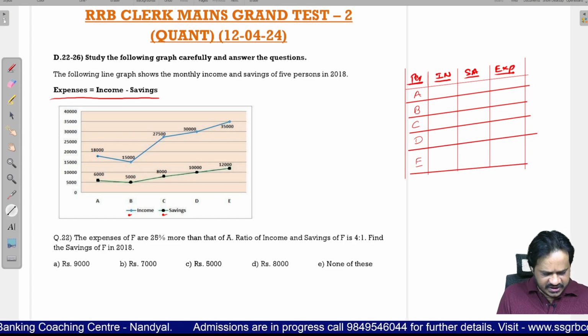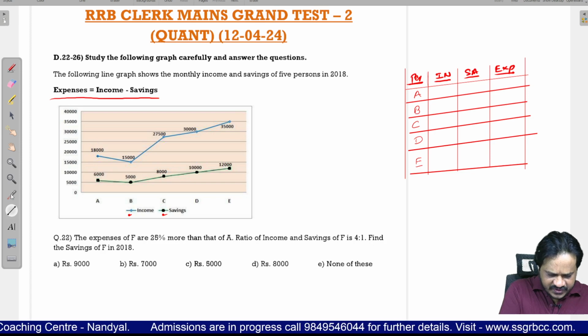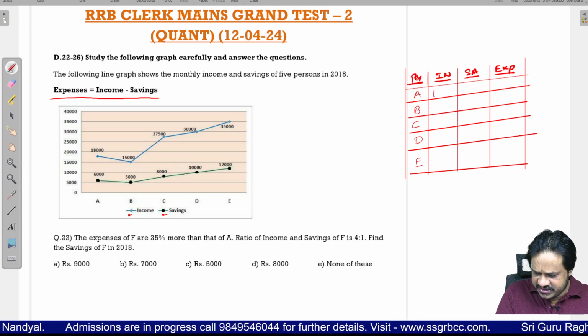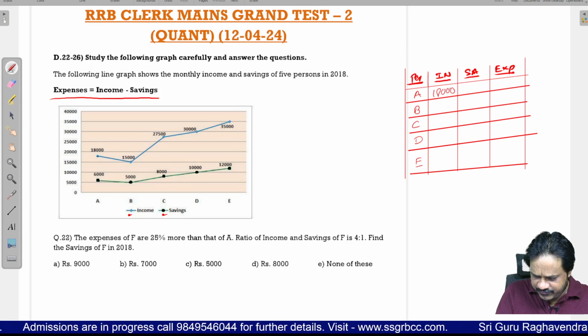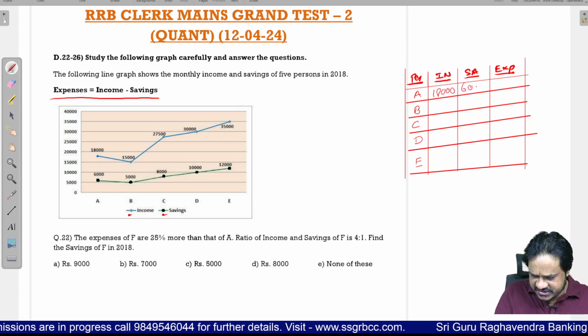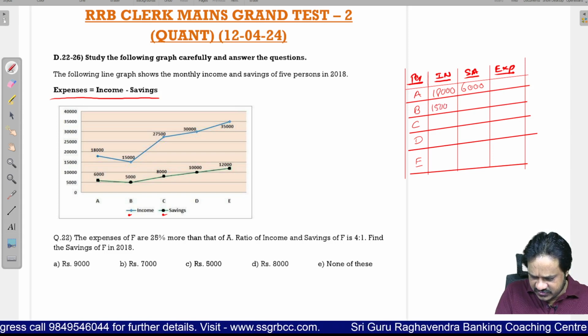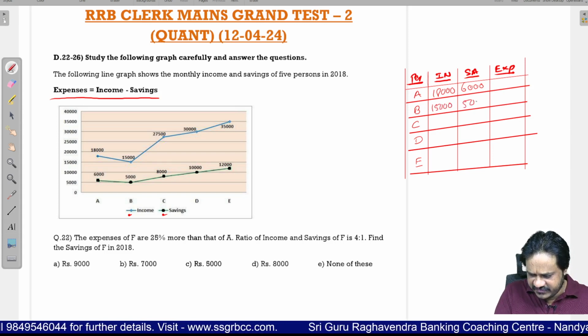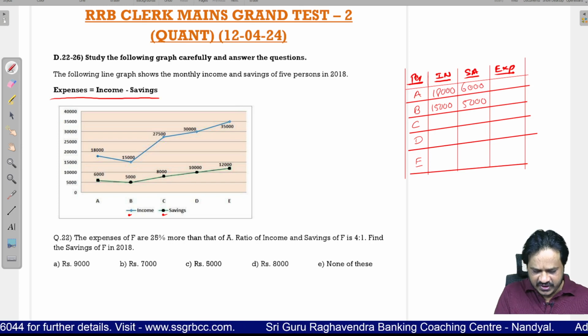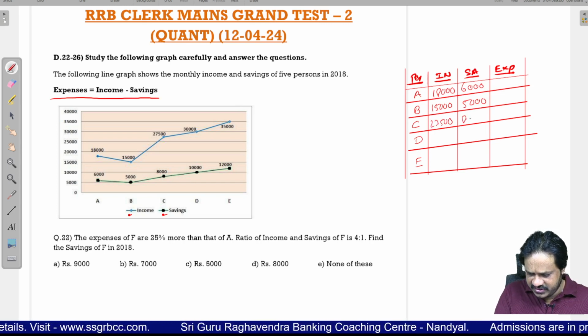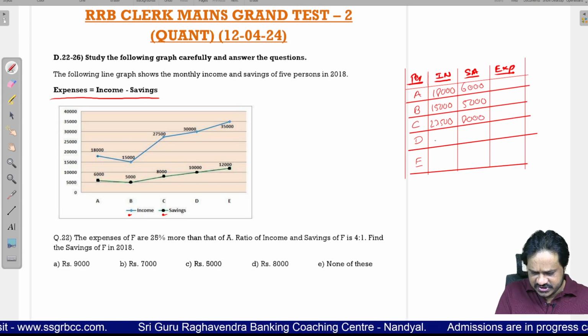If you see here, this is income and this is saving. So, A income is 18,000, A saving is 6,000. Similarly, B income 15,000, B saving 5,000. Then this is 27,500 followed by 8,000.